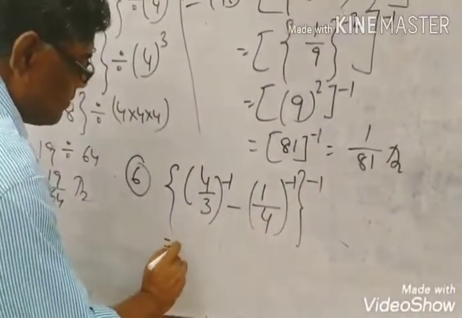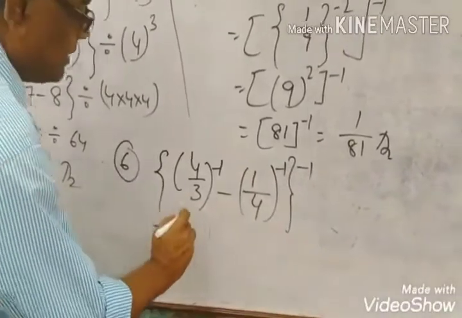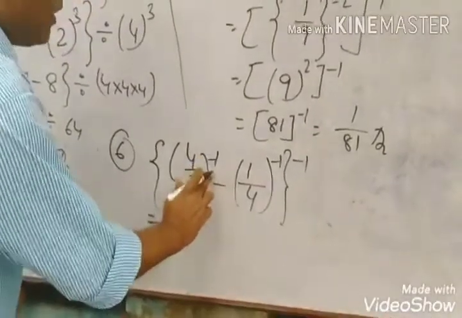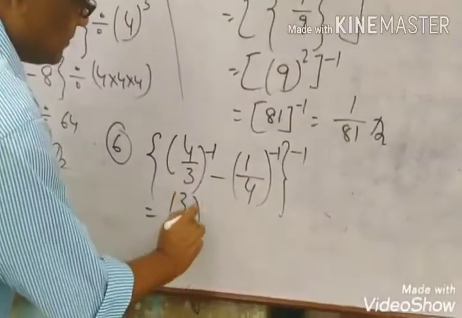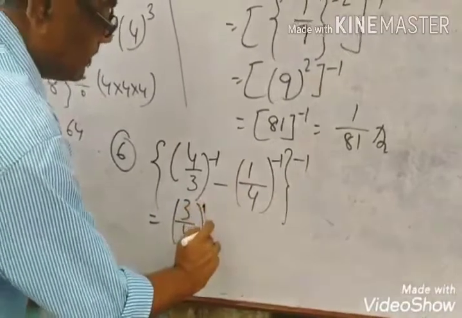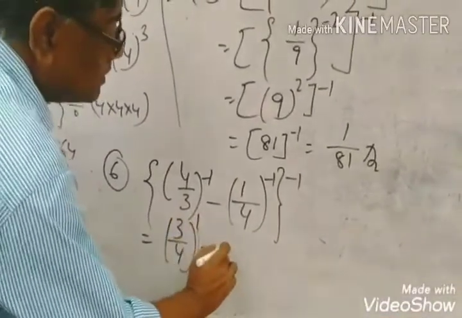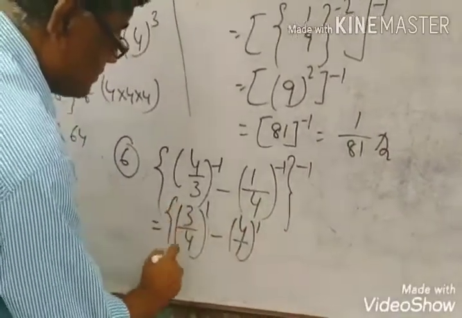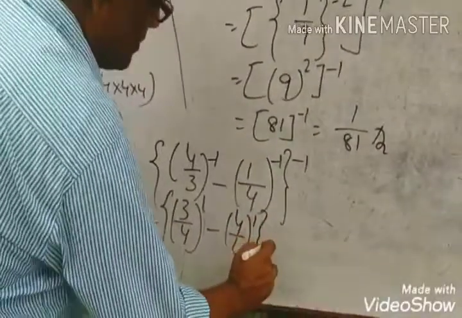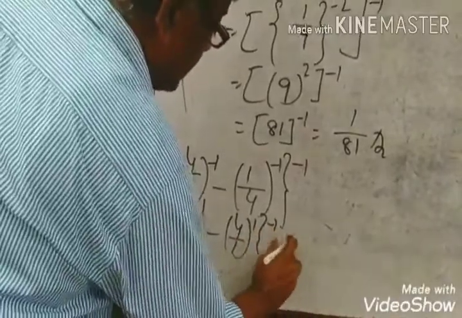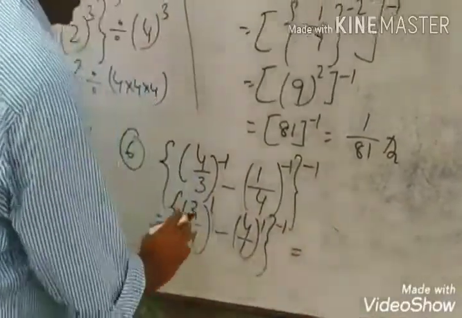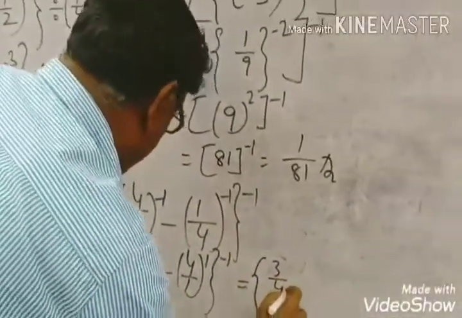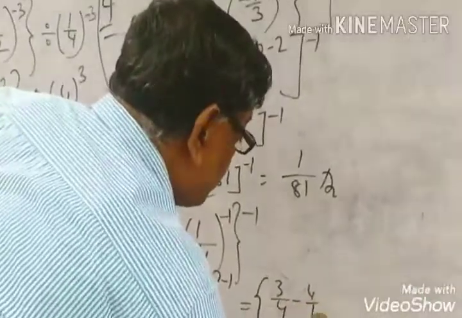We use the law of exponent. (3/4) to the power minus 1, minus (4/1) to the power minus 1, equals 3 by 4 minus 4 by 1.